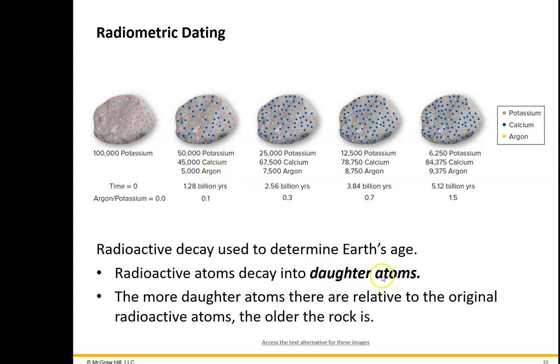There are steps before it gets to lead-206, but those steps don't last for very long. And so when you're talking about billions of years that have gone by, all of the uranium-238 has become lead-206. Okay, so none of the other daughter atoms are there. And of course, lead-206 is very stable.